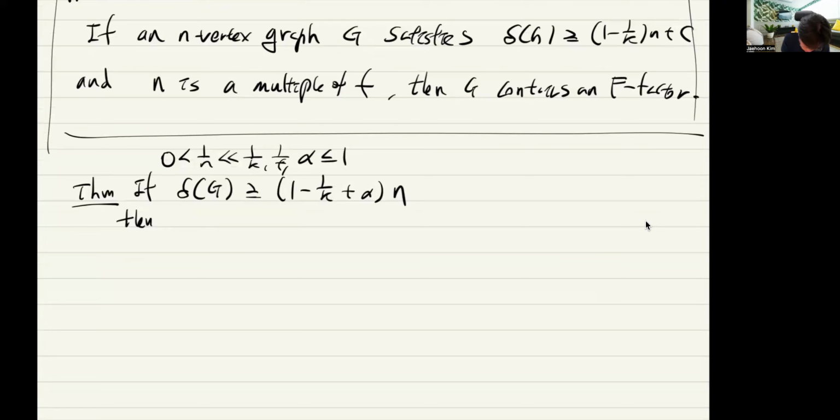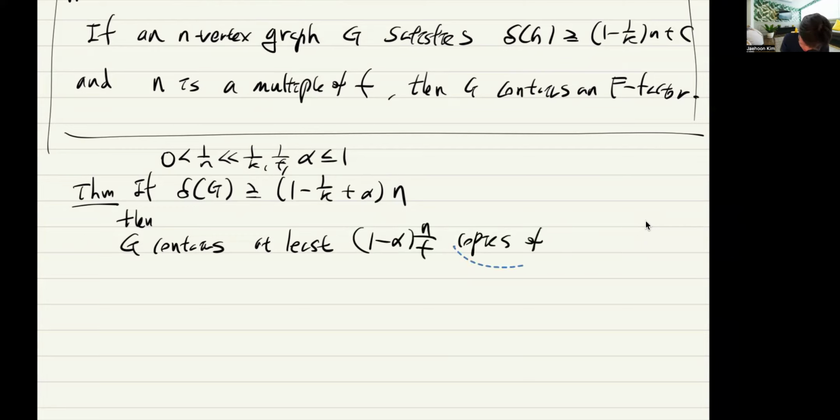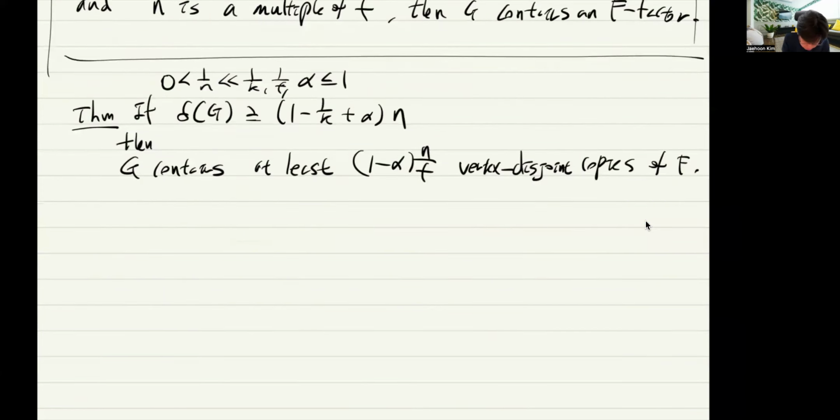Then we want to show that G contains at least (1 minus alpha) times n over f vertex-disjoint copies of F. So let's prove this.